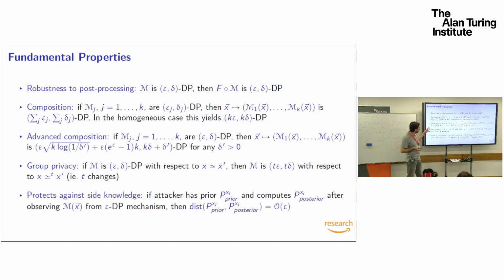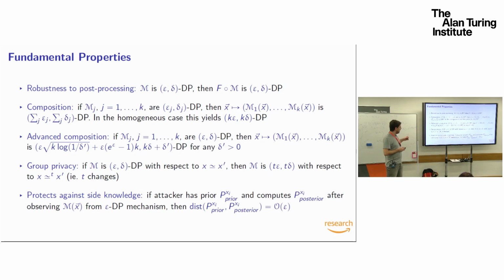And finally, another property that is not super related to composition, but that formalizes the idea that the attacker can have arbitrary side knowledge, is that if an attacker models this knowledge as a prior on the data of individual i, so the attacker has a prior p_prior of x_i, and then observes the output of this mechanism M(x) that is epsilon DP, and uses this output to compute a posterior using Bayes' rule, for example, then you can show that the statistical distance between the prior and the posterior, which is a way to measure how much knowledge the adversary gained, is bounded by epsilon.